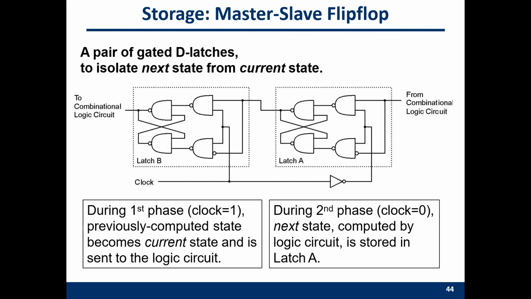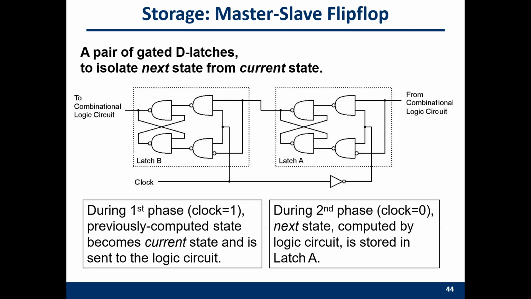When the clock is high, the value of clock is one. The write enable here is zero, so no data can be written into this. But the write enable here is one, then the value here can be passed through this one here.